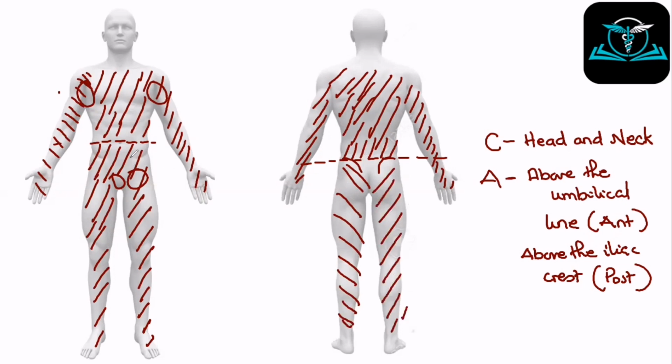And so it's so simple. Anteriorly, you use your umbilical line. Posteriorly, or posterior view, the back, you use your iliac crest. Above the umbilical line anteriorly, and above the iliac crest posteriorly, is for the axillary lymph nodes. Below the umbilical line anteriorly, and below the iliac crest posteriorly, is for the inguinal lymph nodes.